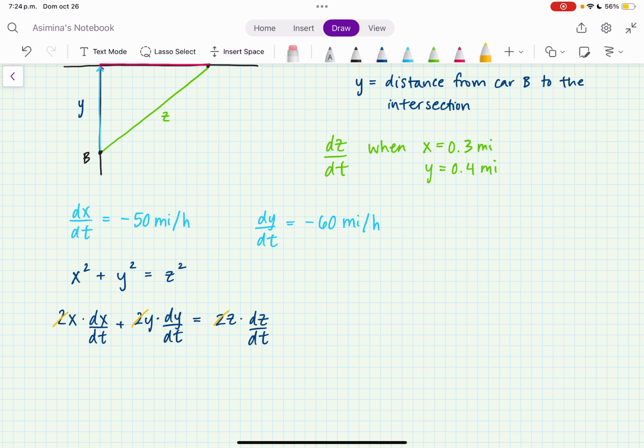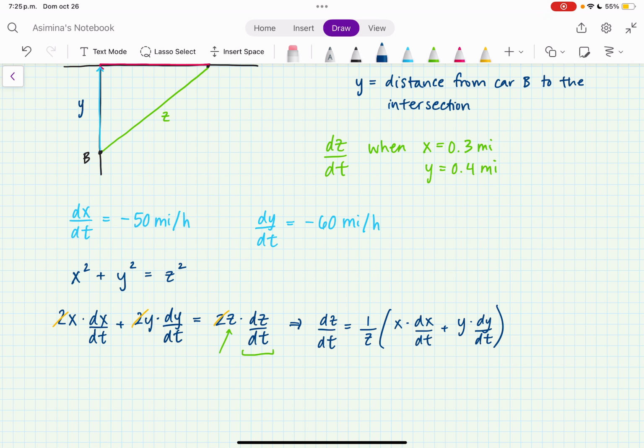Now we want to solve for dz/dt, so we want to isolate that, and we can do that by dividing both sides by z. So this becomes dz/dt equals 1 over z times what we had on the left-hand side, so x dx/dt plus y dy/dt.